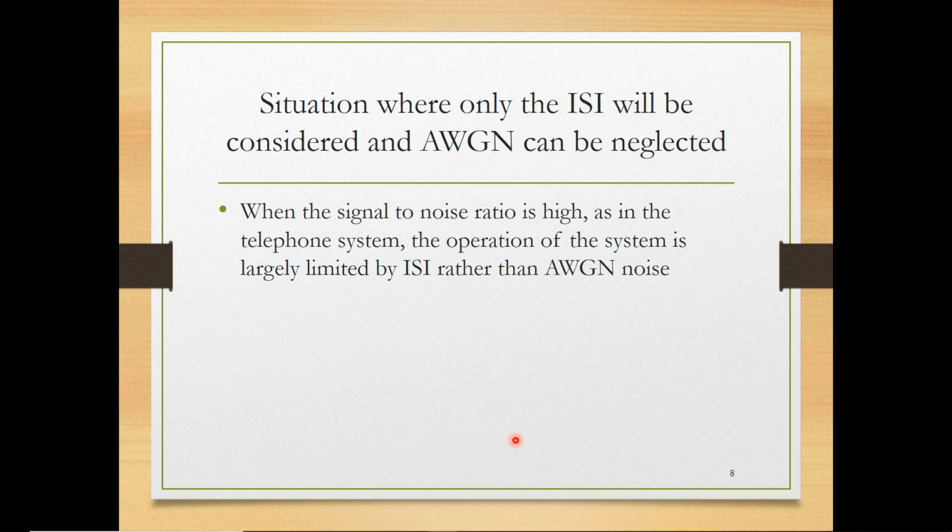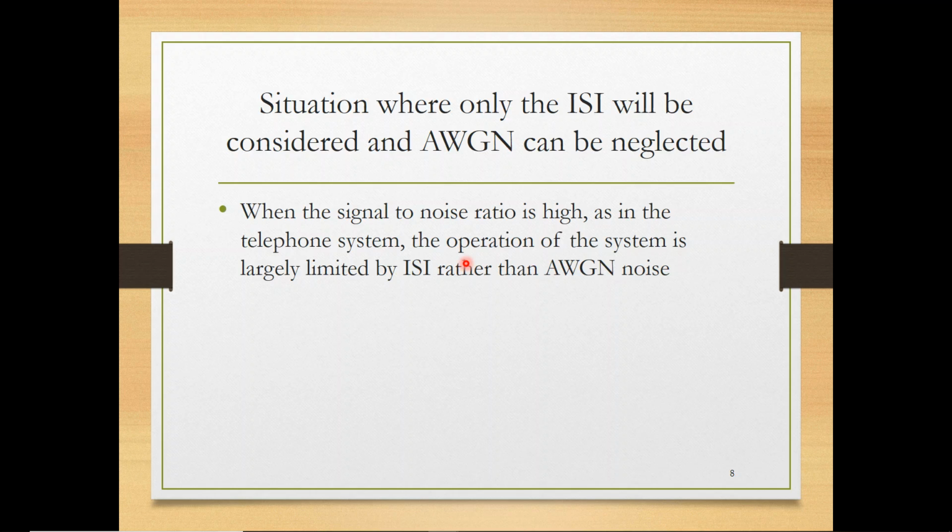When the signal to noise ratio is really high, which is the case in telephony systems, ADSL and Turk Telecom kind of companies, the operation of the system is largely limited by ISI.